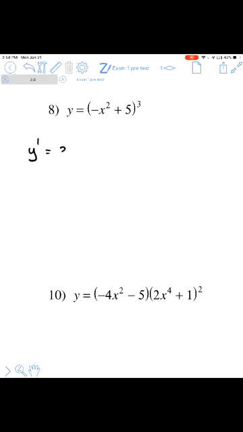So 1 times 3 is 3. Remember, nothing happens at this point to the inside function. The outside function exponent decreases by 1. But now we multiply this by the derivative of the inside function, which is negative 2x. The negative 2x can multiply there with the 3, making negative 6x.